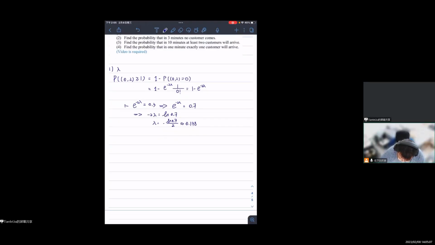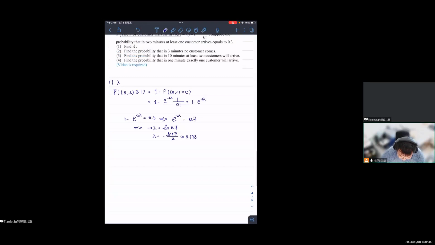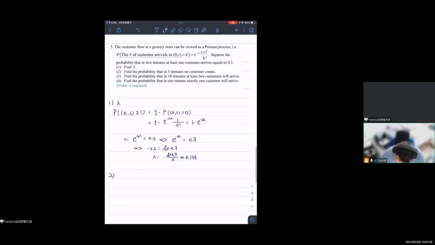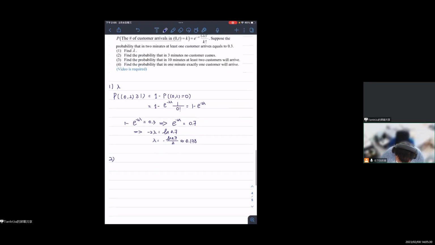So we already solved for lambda, but actually this lambda is quite complicated, so we will use lambda symbolically until the last step of each part. For the next part, we will find the probability that in 3 minutes no customer comes. So we just need to modify this one.